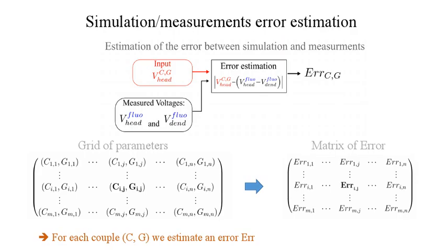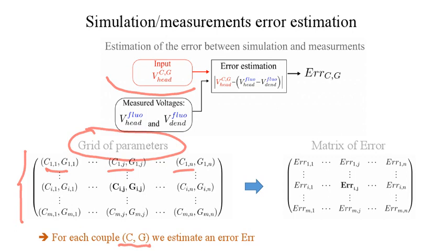So the way we have explored the parameter C and G, we defined a grid of parameter. We have an initial guess for C and G. And then we have a matrix of possibilities. And we do not have a heuristic like a gradient descent here. We just calculate all of this set of parameters, calculate the solution using PNP, and then we estimate the difference between the voltage we find in the head and the difference in the voltage that we have from the data.